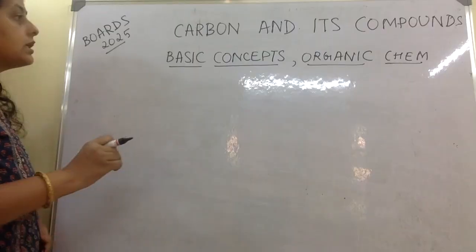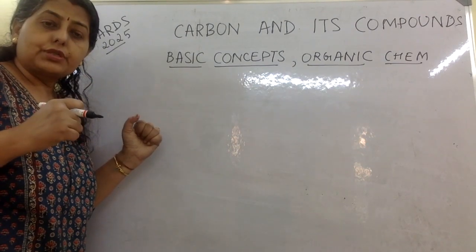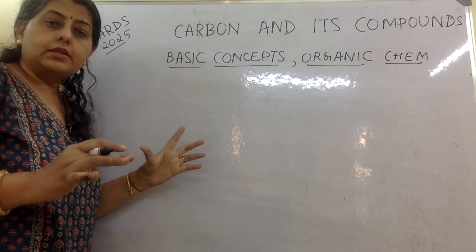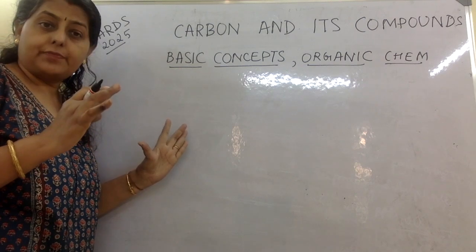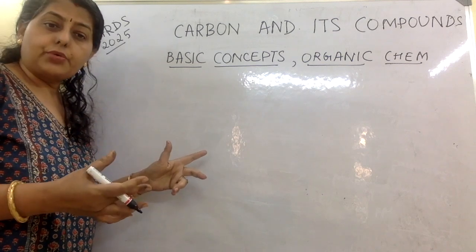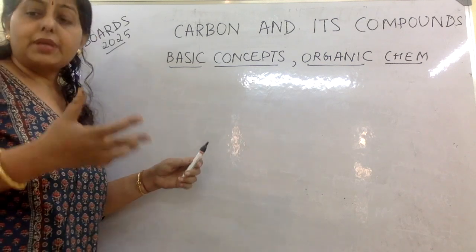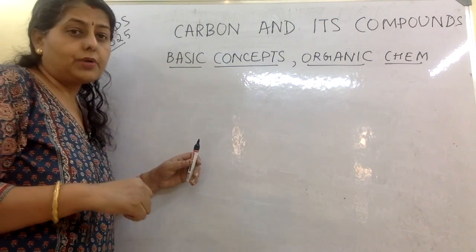Firstly, why do we call it carbon and its compounds? The reason is, a whole lot of things around us are made out of carbon. I have a table here which is made out of wood, it is a carbon compound. Paper is a carbon compound, it is cellulose.